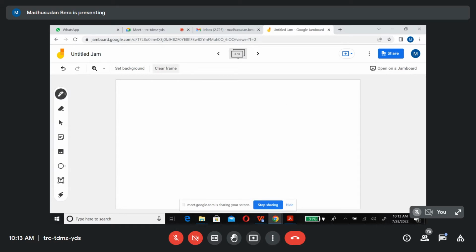Or we can write it this way: 70% comes into account 1. I will write it this way: account 1, 2, 3. So 70% comes into account 1, 20% comes into account 2, and the remaining 10% comes into account 3.